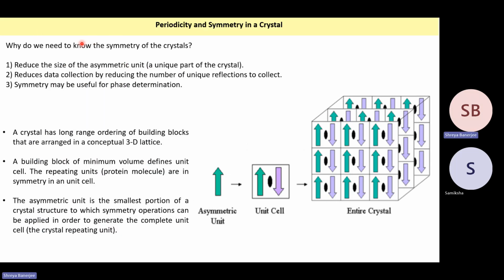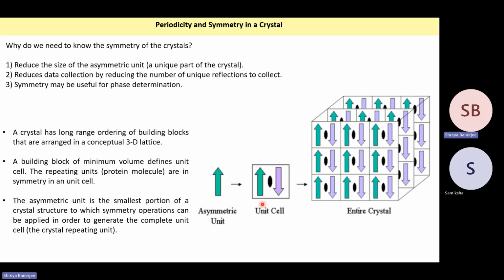Now you know that crystals have a symmetry. So there are certain units in a crystal. The asymmetric unit is the smallest portion of a crystal in which you can carry out different symmetry operations to generate the unit cell. The unit cell, you know, is the smallest repeating unit of the crystal.